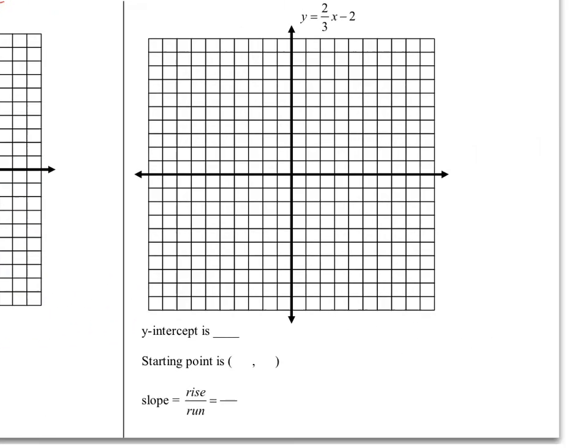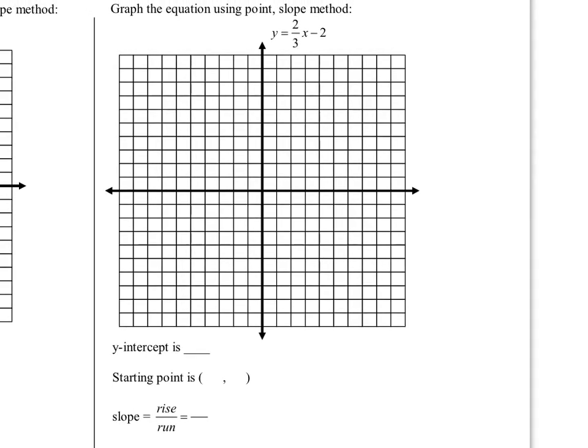Now, let's move over to the next one. This is y equals 2/3 x minus 2. What's not quite right about this equation for it to be in slope-intercept form? What is not quite right about this? Mr. Matlock? Well, this isn't quite in slope-intercept form.